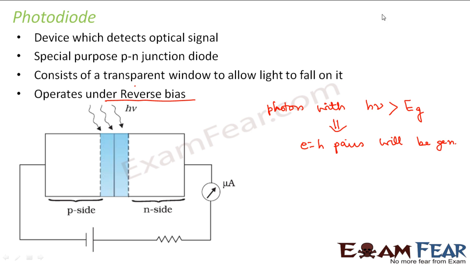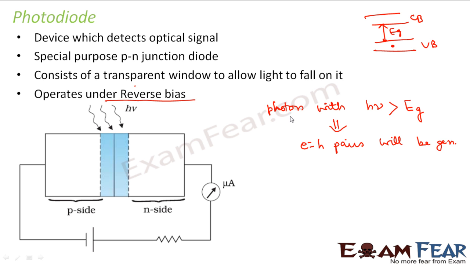Electron hole pairs will be generated, right? You remember that is what we studied, because here you have the valence band, here you have the energy gap, and here you have the conduction band, right? So when you supply sufficient energy that the electron can jump from valence band to conduction band, only then electron hole pairs will be generated. In this case, who is supplying the external energy? The light.